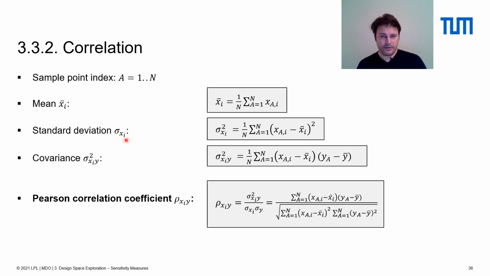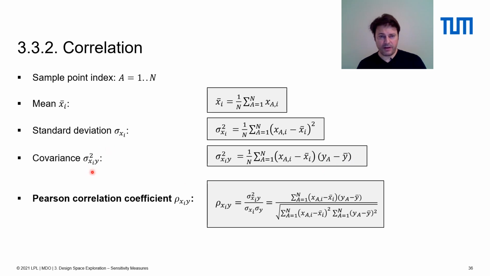We define the standard deviation of the design variable i using this standard formula, and the so-called covariance, which is the sum of the differences of the design variable value from its mean multiplied by the output value from its mean.